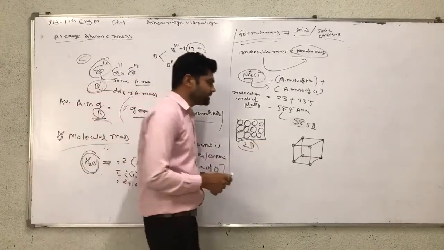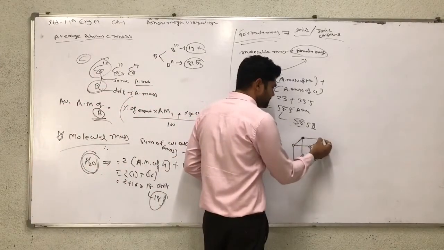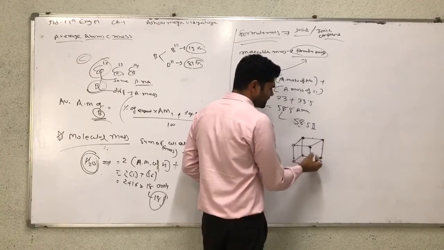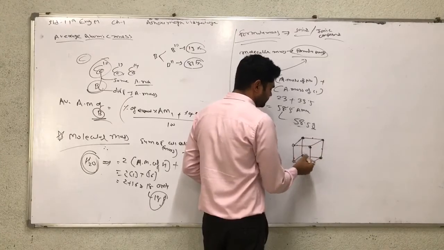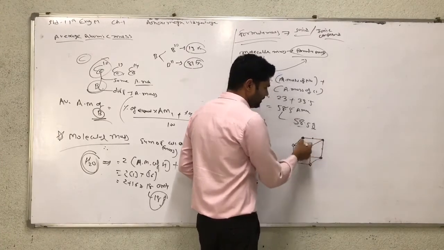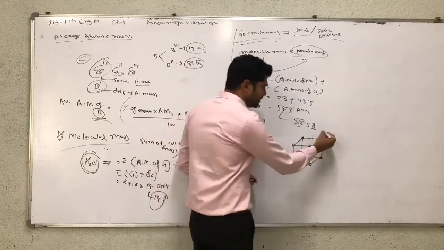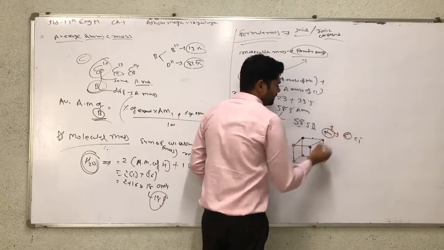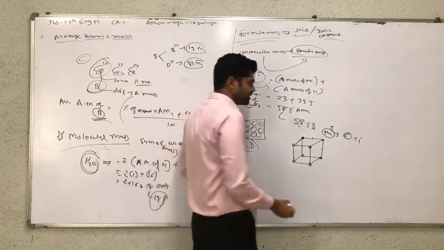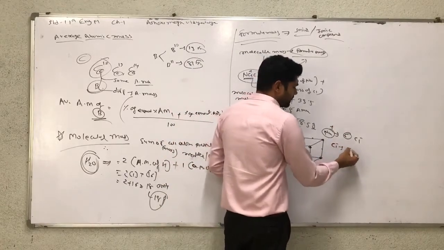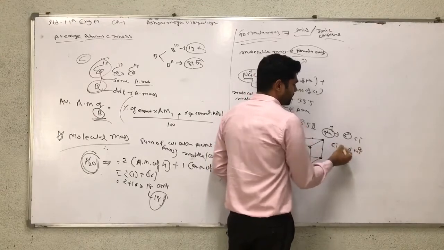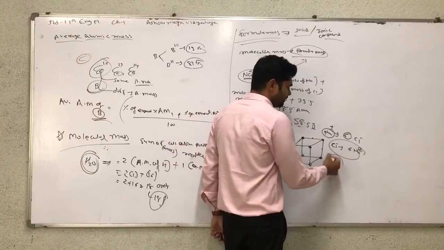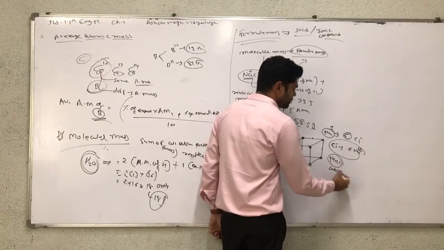In this arrangement all are Na particles, and the other positions are Cl. So arrange this and connect. In NaCl, each Na plus is surrounded by 6 Cl minus, and each Cl minus is also surrounded by 6 Na plus particles, and this arrangement of NaCl is known as lattice structure.